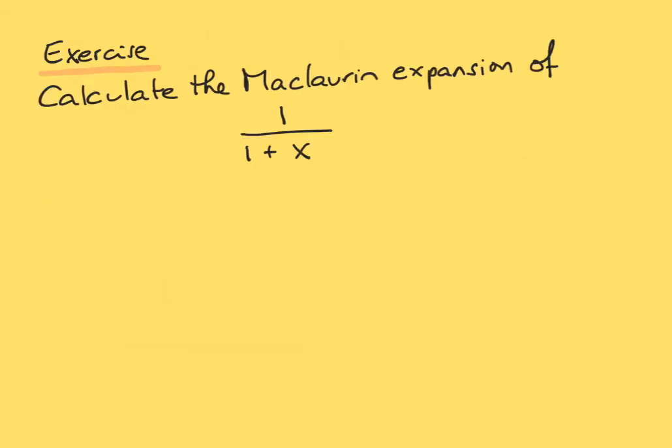So first of all, I have a small exercise for you. I would like you to calculate the Maclaurin expansion of this function, 1 over 1 plus x, so very much what we had before. And if you have a go at that, then I will carry on with the solution. So see you in a moment.